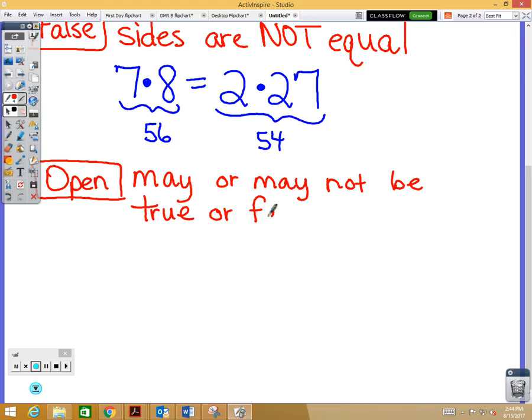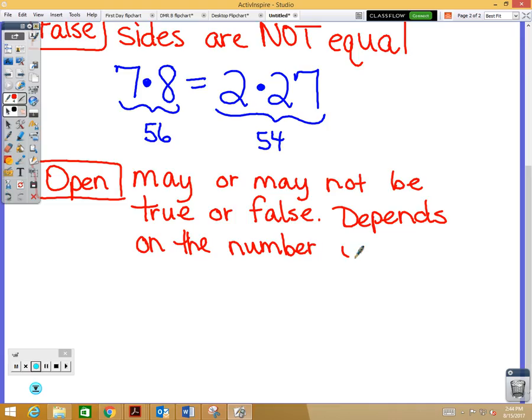It depends on the number used for the variable.